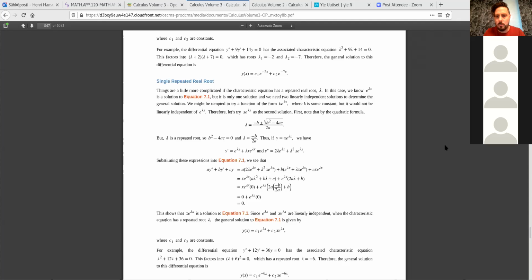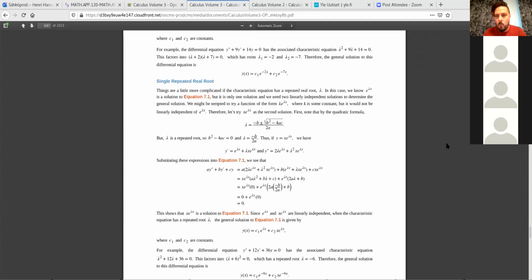So e to the minus x satisfies this. But this is only one solution. We promised that there would be two. So can we find a function that mimics this situation? And yes, we can.